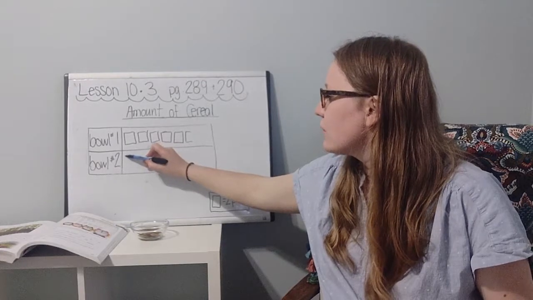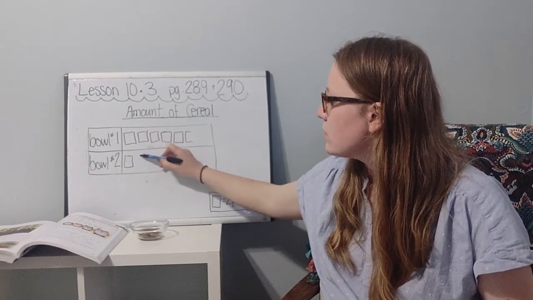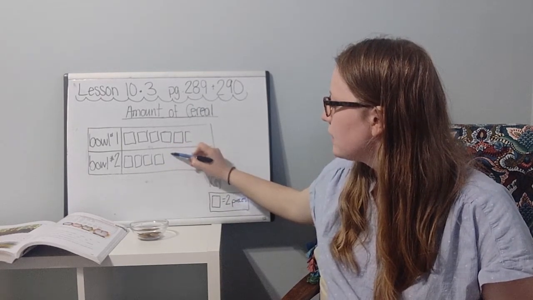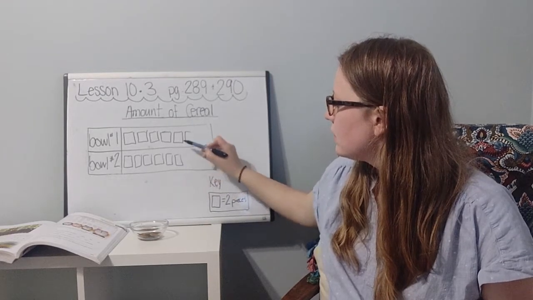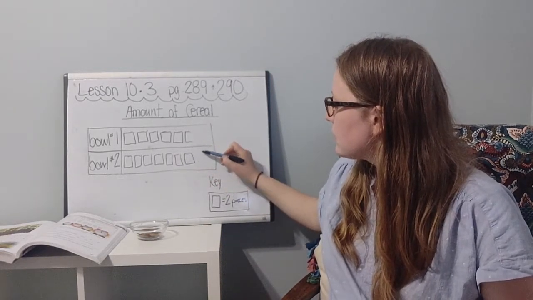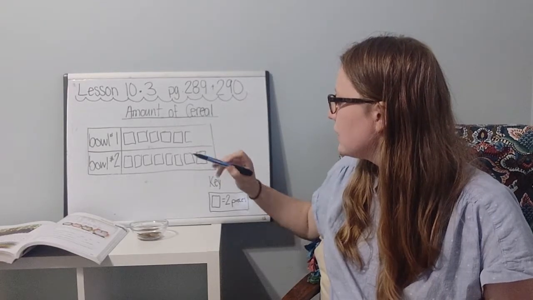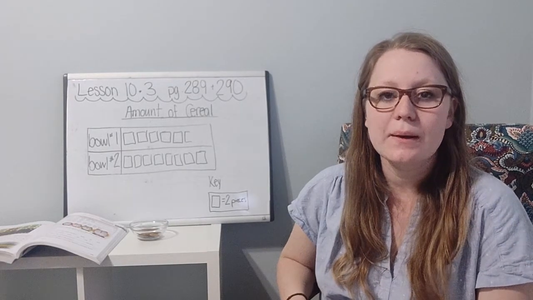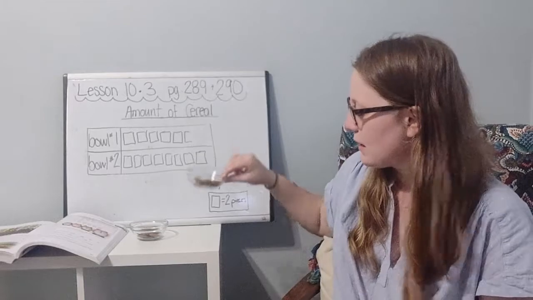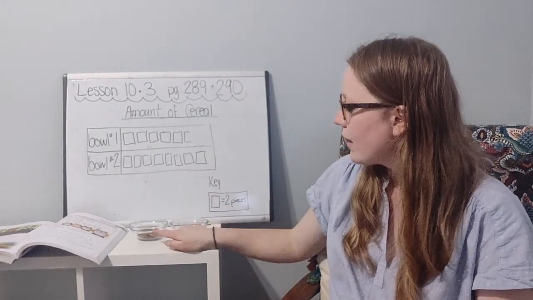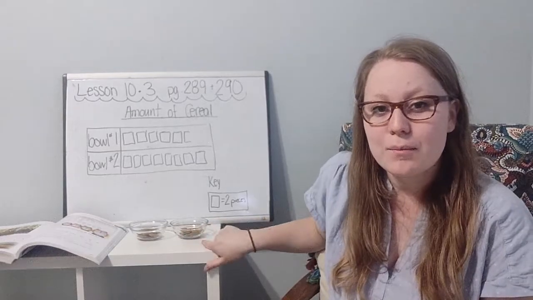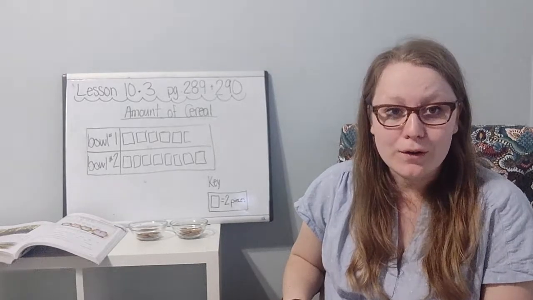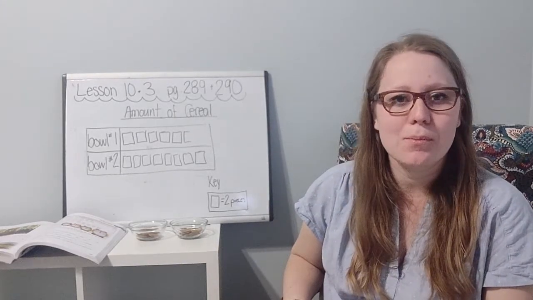Help me by counting out by 2 each time. 2, 4, 6, 8, 10, 12, 14, and 16. So we know, grade 1, that bowl number 2 had more cereal in it than bowl number 1. We can tell just by looking at it, but this helps us organize exactly how many more are in bowl 2 compared to bowl 1.